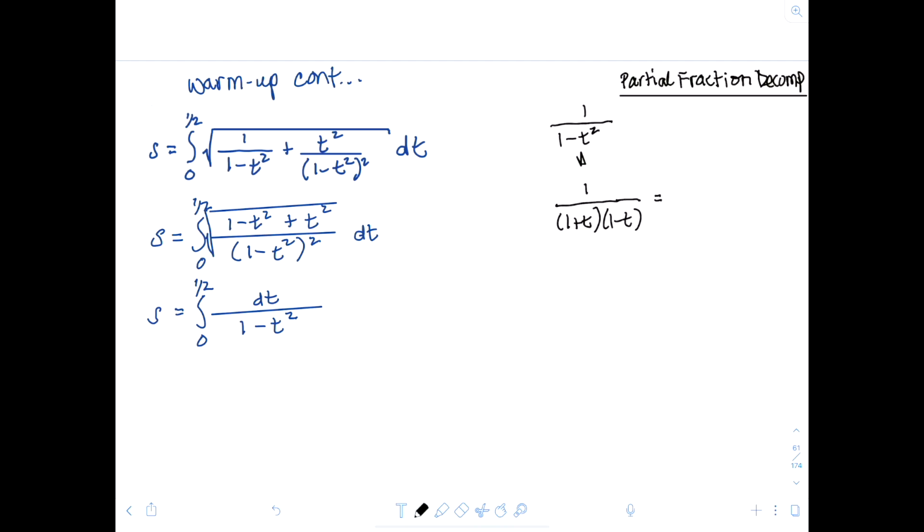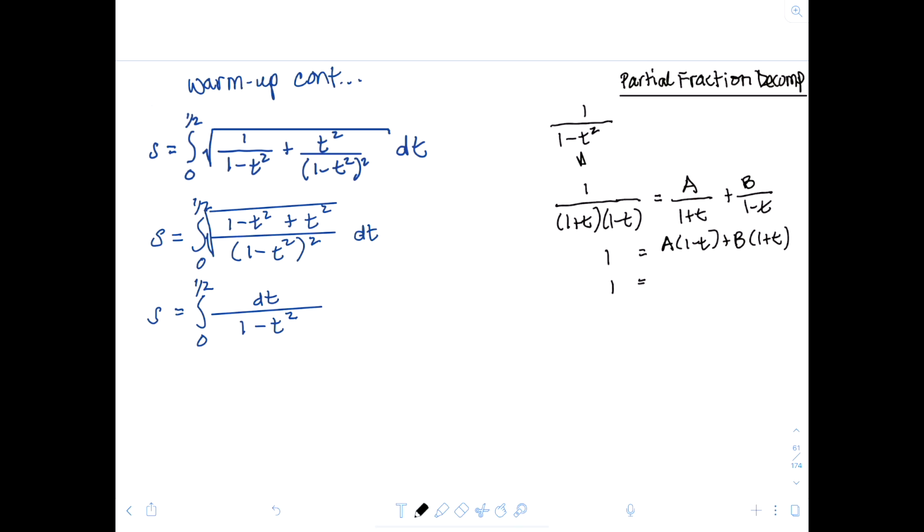So you set that equal to A, because they're linear, over 1 plus t plus B over 1 minus t. And then, getting a common denominator, you have 1 is equal to A times 1 minus t plus B times 1 plus t. Now they both have the same denominator, so you can just keep working with the numerator.